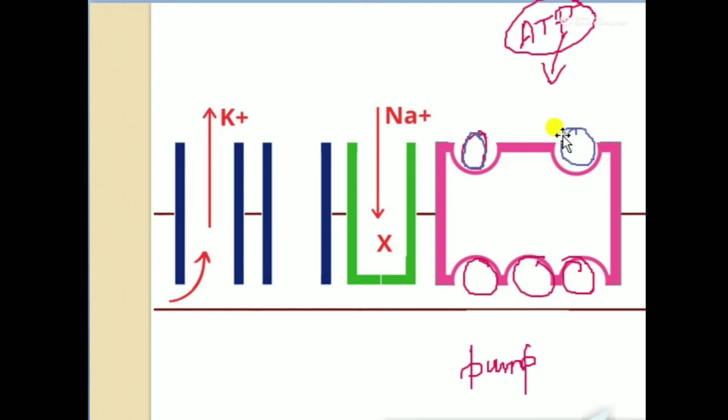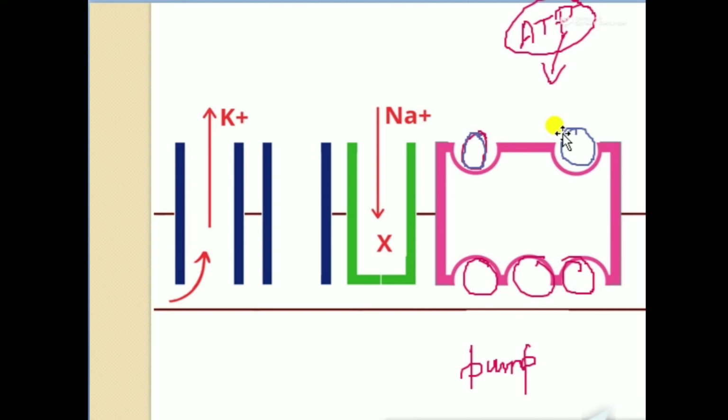They frequently do their job. That causes the sodium concentration inside the cell to become low and the potassium concentration inside the cell to become higher. With the help of this sodium potassium pump, they utilize ATP to maintain their ionic concentration gradient within the cell and outside the cell.